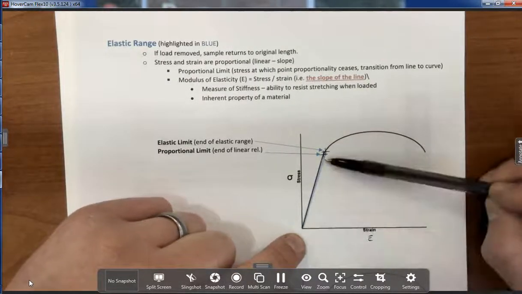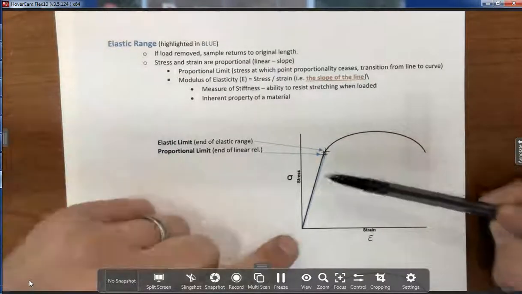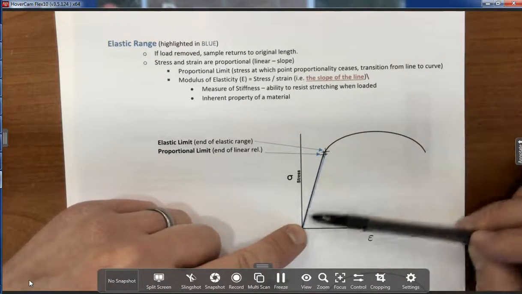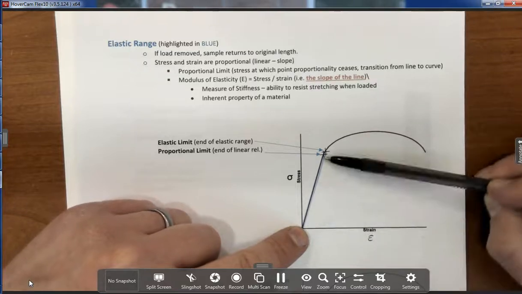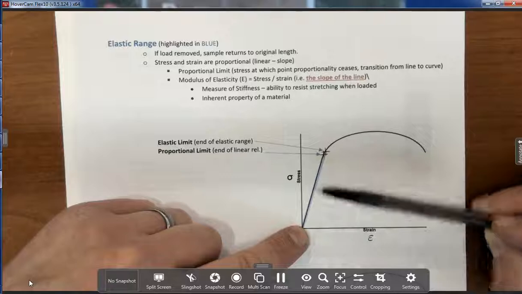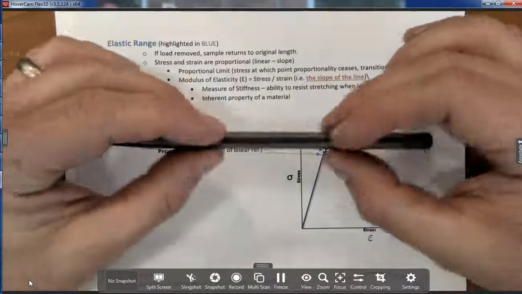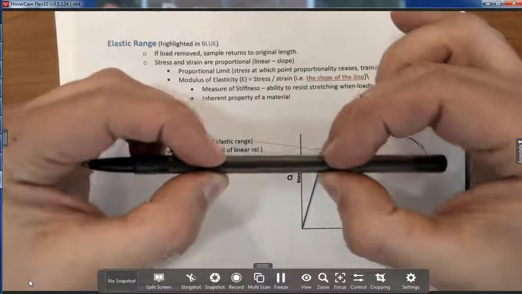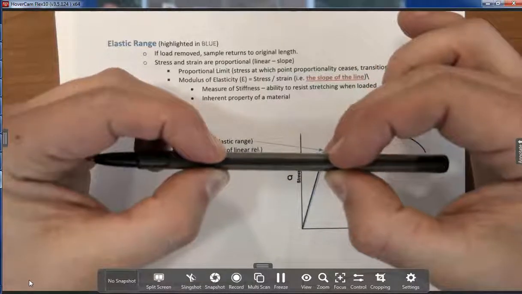So this blue region here is called the elastic range on our stress strain graph, and what's special about it is mostly it's linear. There's no curve to it. Physically, the property is that the material, you loaded it, you applied some load. Yes, you did get some amount of stretch, so the material moved.